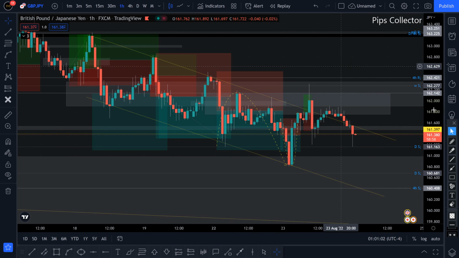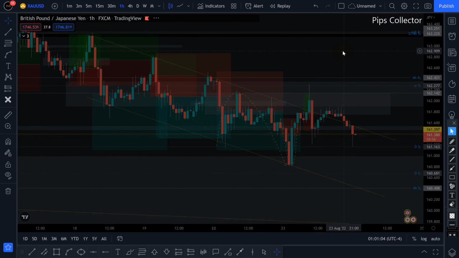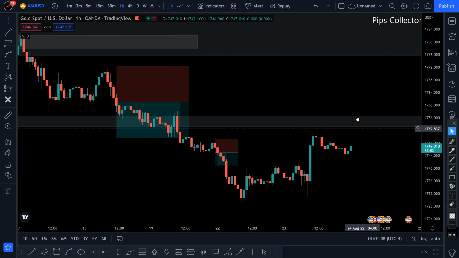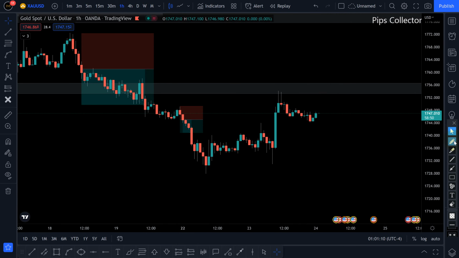Okay, let's look at the next thing, which is gold. It's already pre-London Open, so I'm going to be very, very swift. Yesterday we were looking for buys. This is the level I was saying we're anticipating price to retrace to. But I gave a caveat that price must not get to this level for it to react.